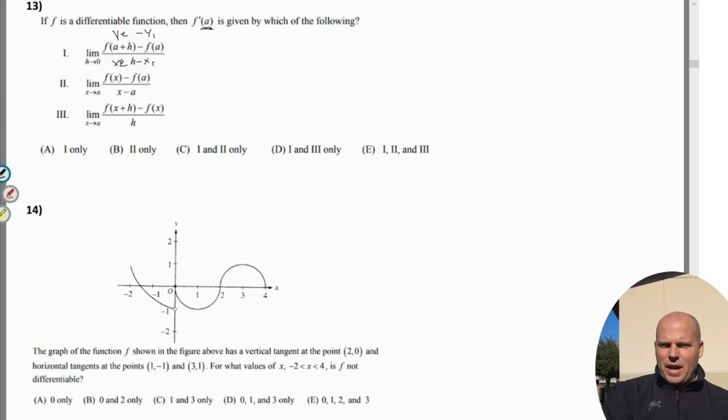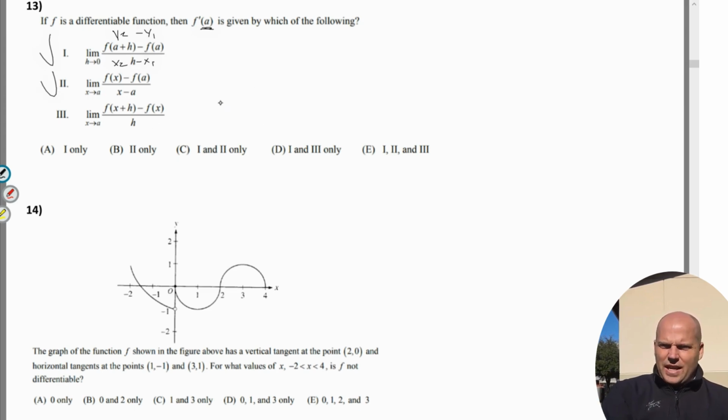This distance on the bottom should be getting close to 0. The y's should be getting close to the same value. And yes, that's correct. That checks out. This is also going to be something like 2 points getting infinitely close to the same location at A. This also checks out.